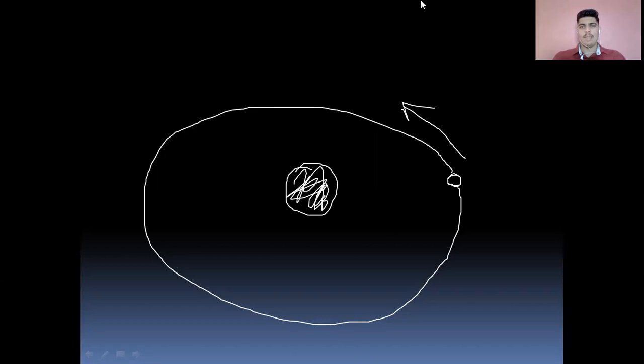And now, what is rotation? So now imagine this is Earth, and this is the path along which it revolves around the Sun. So moving in this path around the Sun is nothing but revolution. And imagine this is its axis.